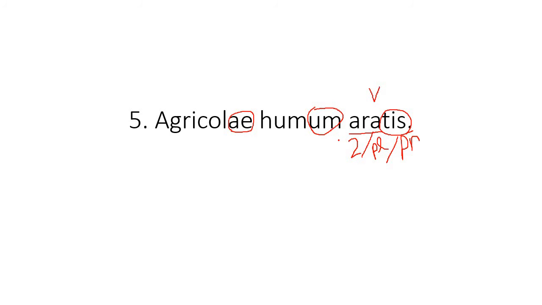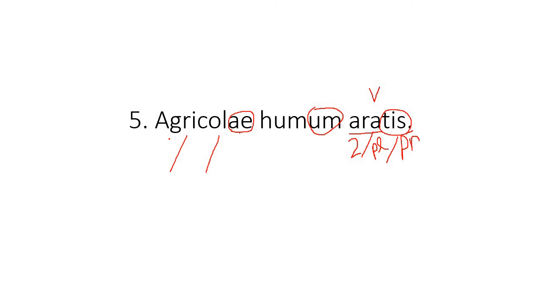So second person, plural. Now, if we have a verb that is first or second person, neither of the nouns is going to be the subject. The only way to have a separate subject is if this would be third person. So we already know that neither of these is the subject. That's going to help us out with this Agricolae, because otherwise we might think that this is a nominative plural, but that would mean it would have to be the subject.